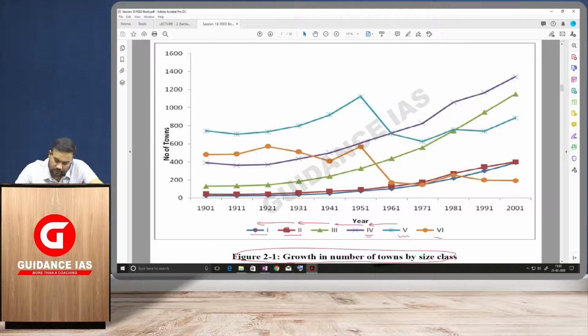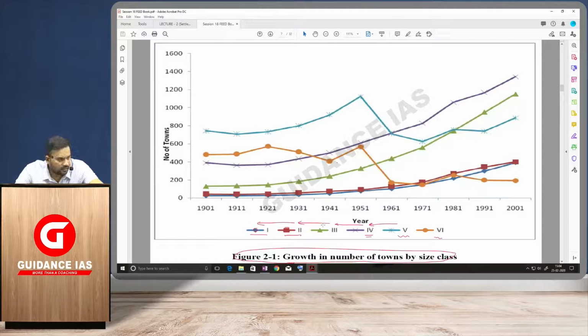Can you see class 2 towns are also growing? Class 3, this green, also growing? Class 4 also growing. But there are 2 categories which are not growing, 5 and 6. Can you see that? So why is this? Because class 2 are graduating into class 1, and class 3 are graduating into class 2.